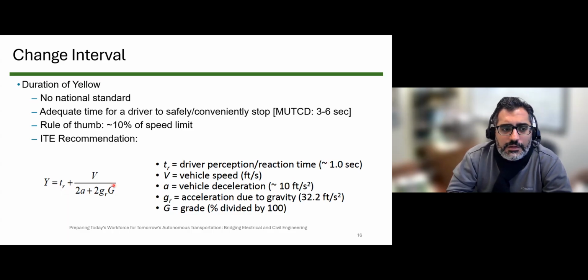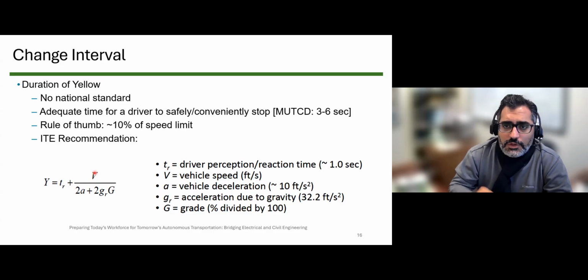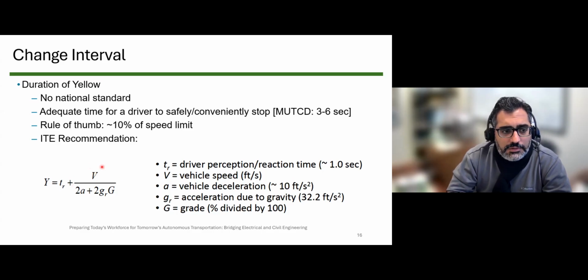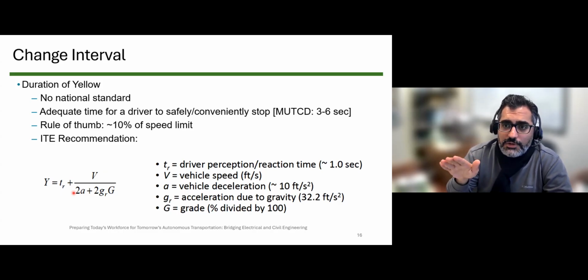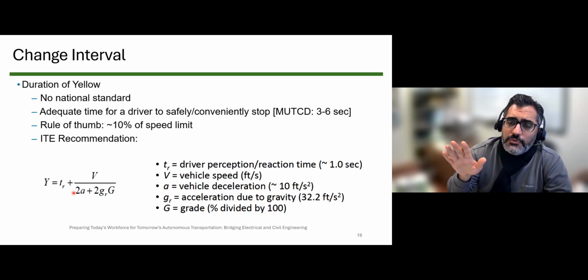And then the second part of this equation is based on basic physics. How long does it take for a vehicle going with an initial speed of v to come to a complete stop, a final speed of 0? This would be based on basic physics, depending on the deceleration rate and whether it is on a grade. If you're going uphill, the grade is going to help you come to a complete stop sooner, right?